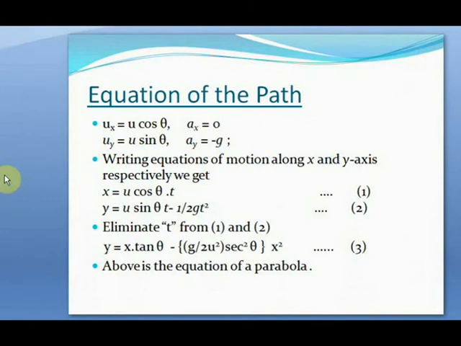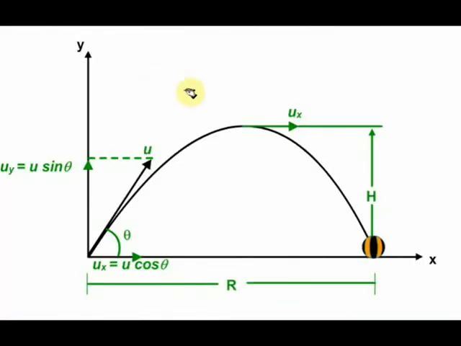Now let's try to find out the equation of the path of the projectile. As we have seen, the velocity of the projectile can be resolved in two components along the horizontal and vertical directions. The component of velocity in the horizontal direction is ux, which is equal to u cos theta, and in the vertical direction it's uy, which is equal to u sin theta.